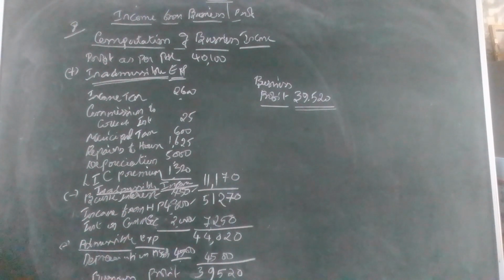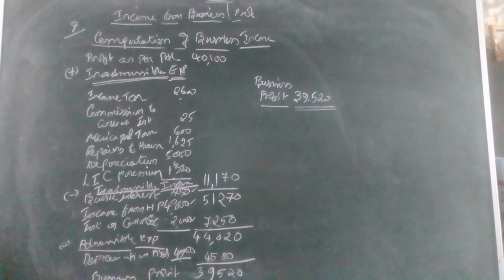Then another information is LIC premium. Why is LIC premium inadmissible? Because LIC premium is personal in nature. Business is not going to be insured for the life of the business, whereas as an individual, as a person, we are going to insure our life. So payment of LIC premium is personal in nature, so it is inadmissible.